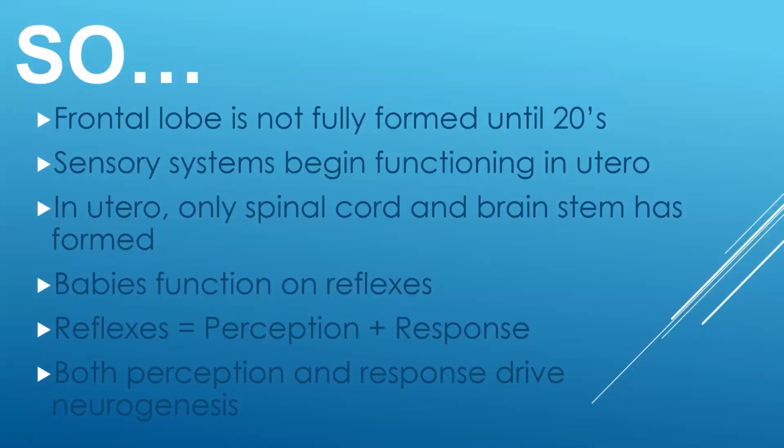The reflexes are only that perception and then the response to what's going on. Both that perception and the response are going to drive neurogenesis, or the beginning of the formation of the brain, and make the brain form correctly.